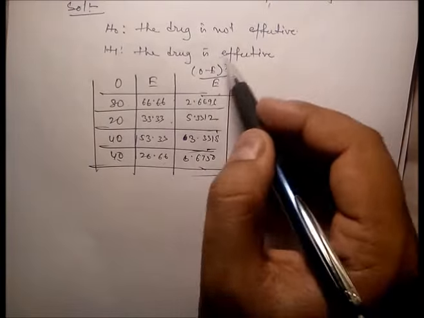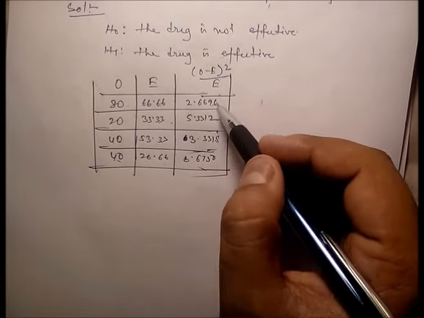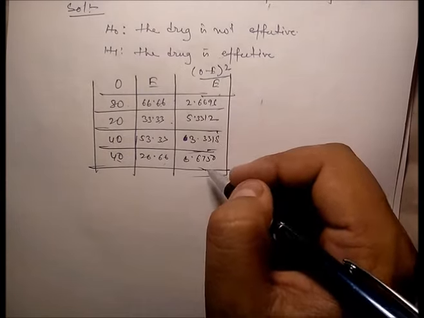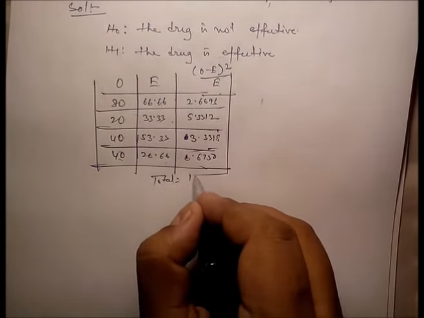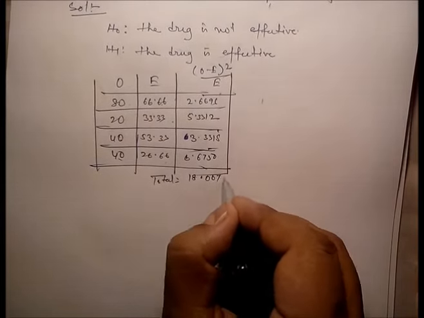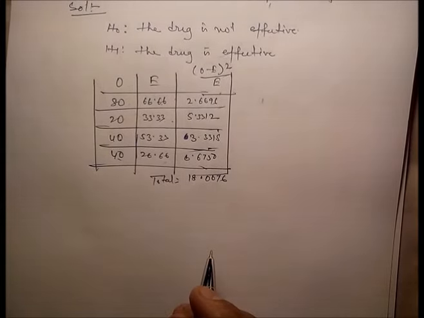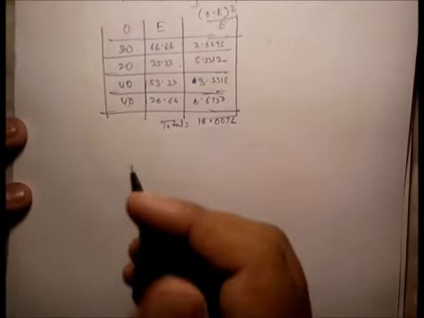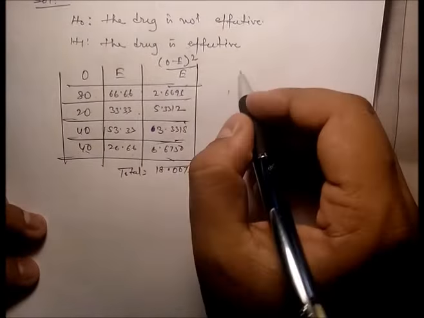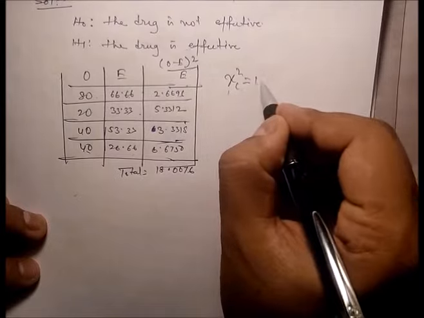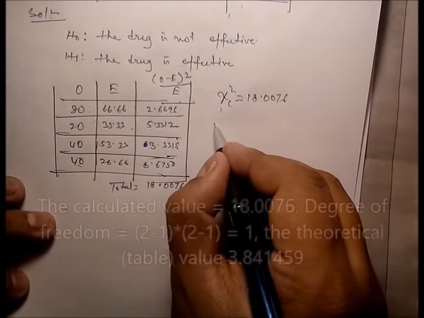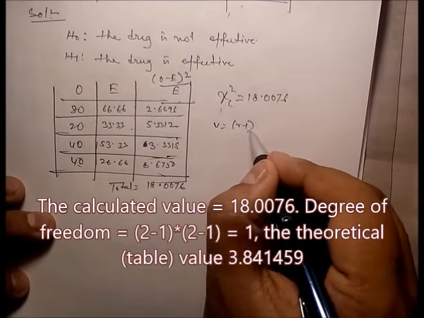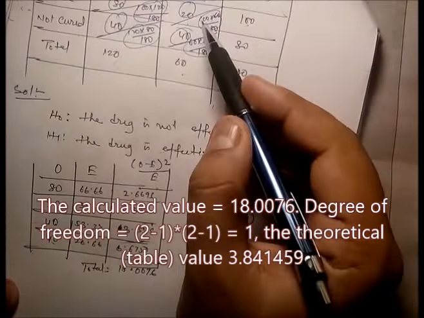If you apply this formula, the values are 2.66, 5.33, 3.33 and 6.67, and the total is 18.0076. So the calculated value is 18.0076.